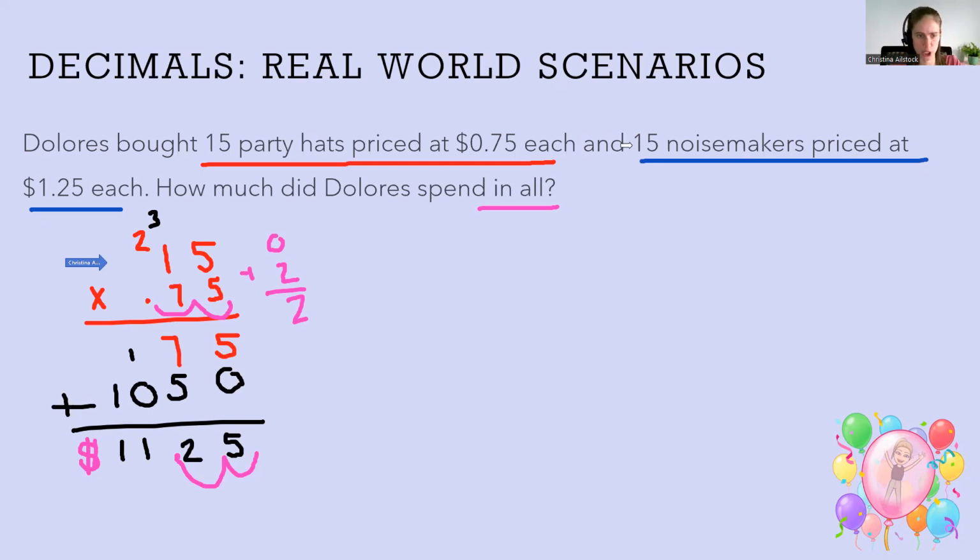But with our noisemakers, it does matter because when you're multiplying, it's not that you want the larger value on top, it's that you want the larger number, in terms of digits. So because our $1.25 has 3 digits, 1, 2, and 5, that's going to go first. And then our 15 that only has 2 digits, 1 and 5, is going to go second when we write our multiplication problem here.